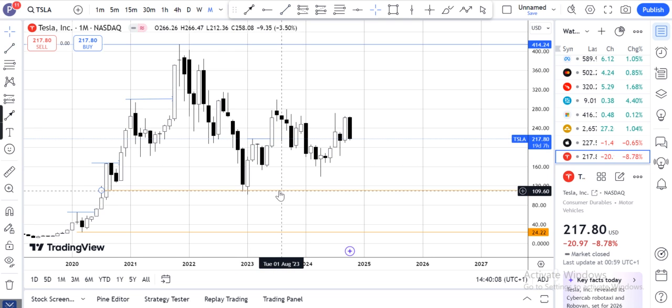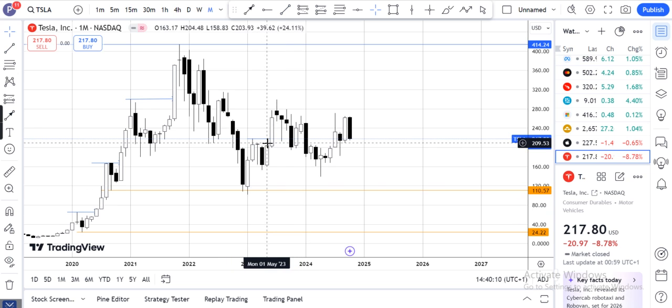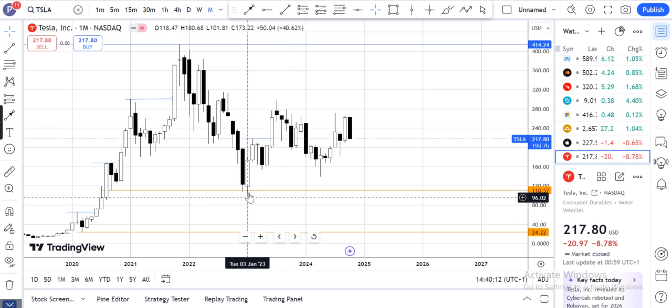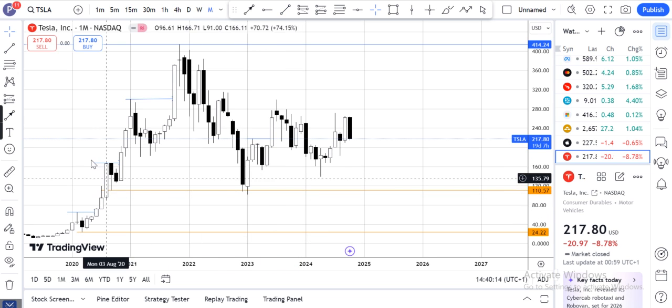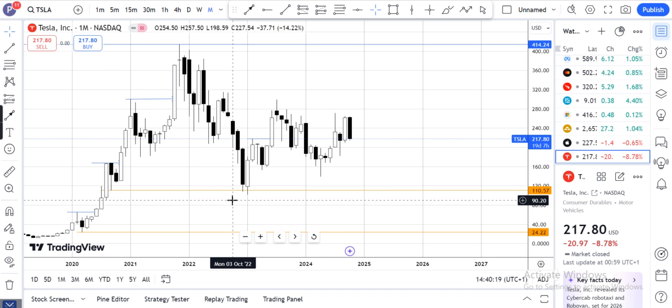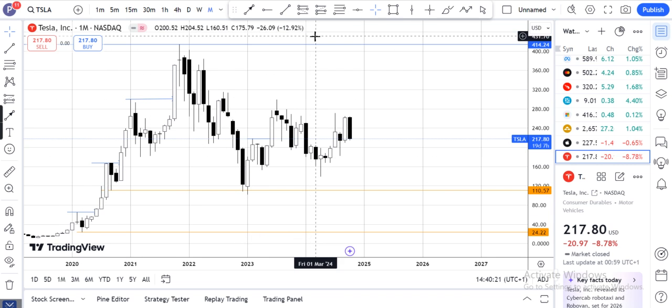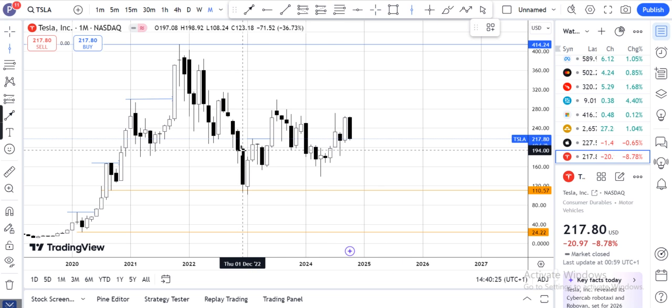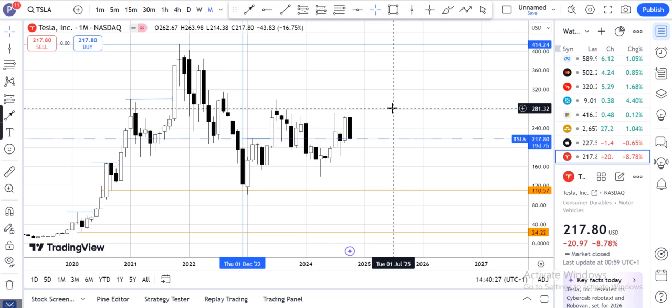So this break of structure we got after the retracement, after the second break of structure the market created, was a point which gave us interest, and I think that was in the year 2022.